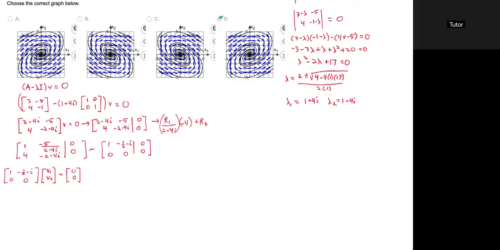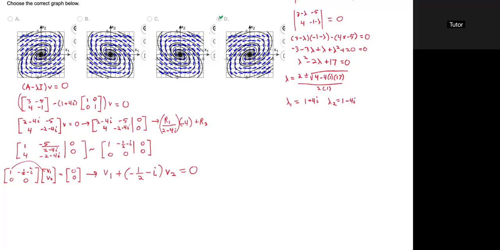Now we can multiply our matrix over here to find that v1 plus negative 1/2 minus i times v2 is equal to 0. So that will give us our first row.